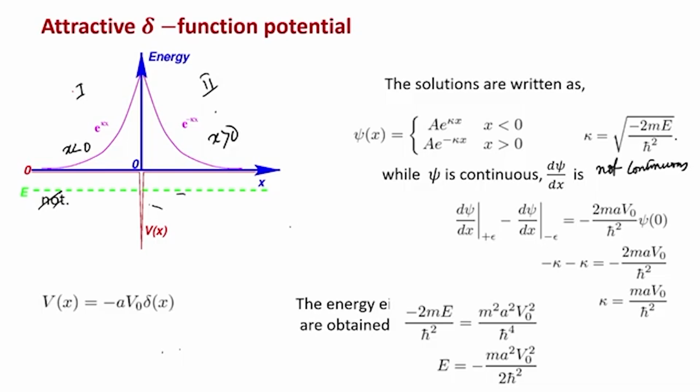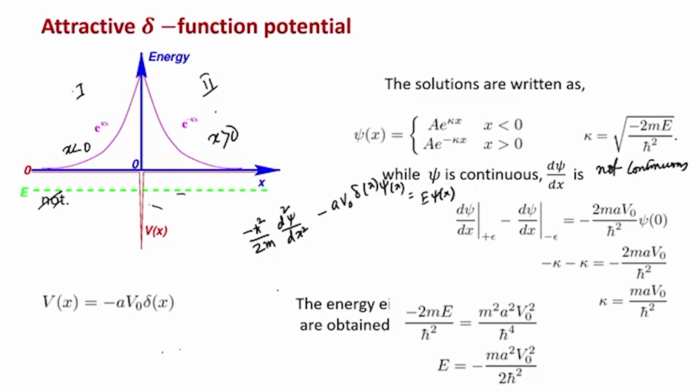And what we do here is the following: we use minus h square by 2m d2 psi dx2, and a minus a V naught delta of x psi of x, is equal to E psi of x.